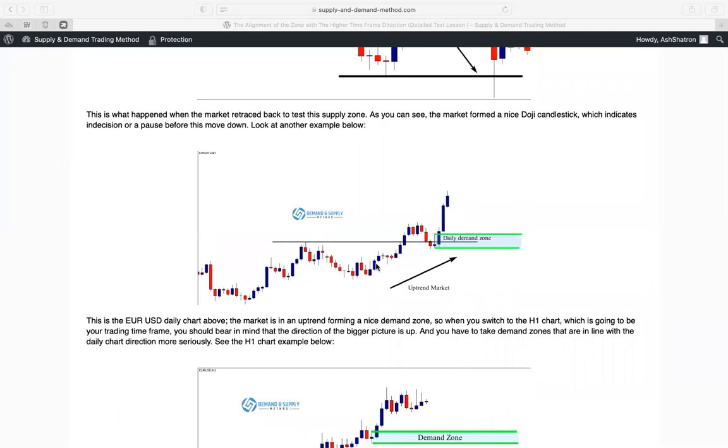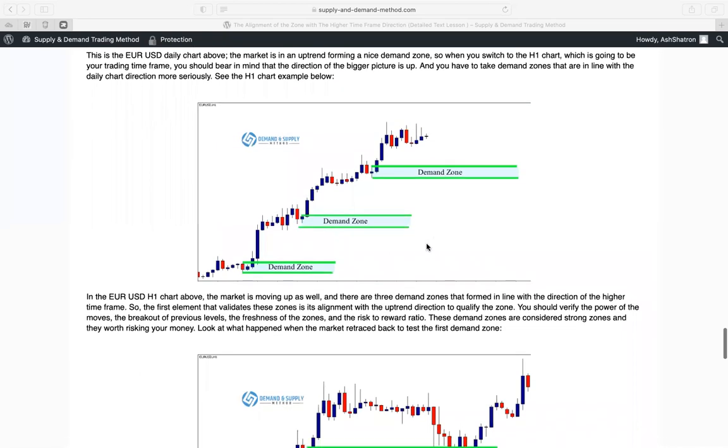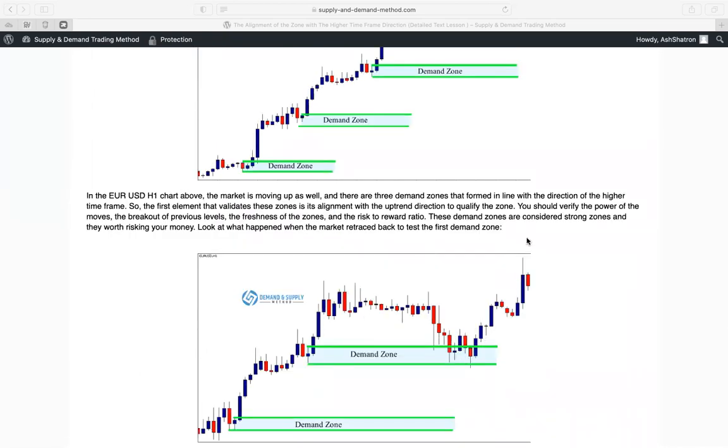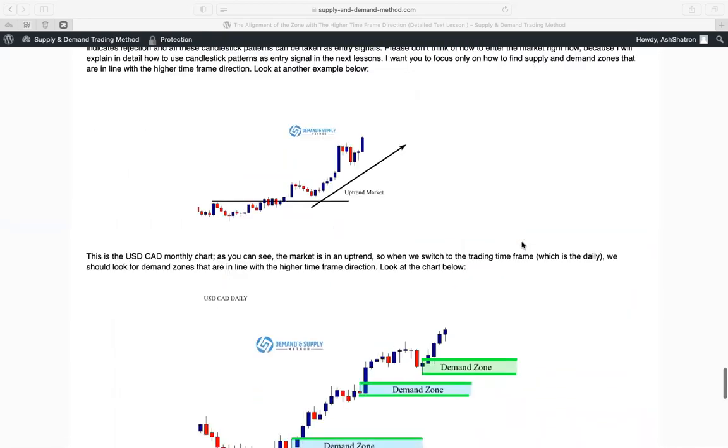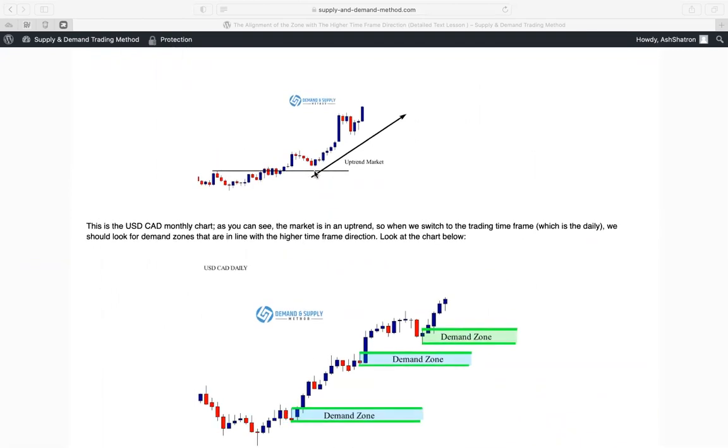This was a level that he was expecting to get retested and go back down. But price actually broke this, and retested this. So he found this place to be a demand zone, and this actually moved three times the level. Price returned to that zone and went back up.